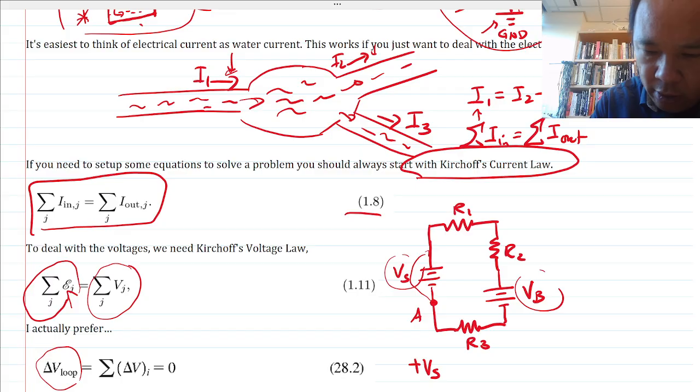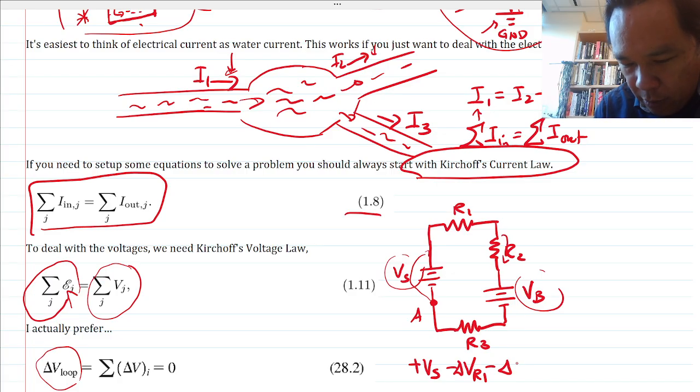If I go across this resistor, I actually lose a delta V across that resistor. I go across this second resistor, I drop another voltage.